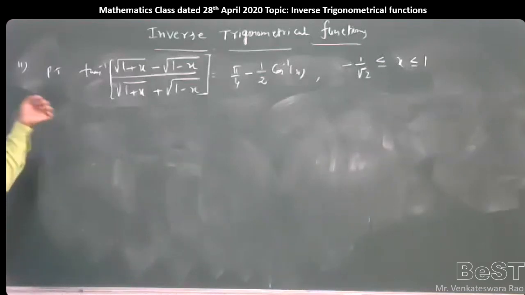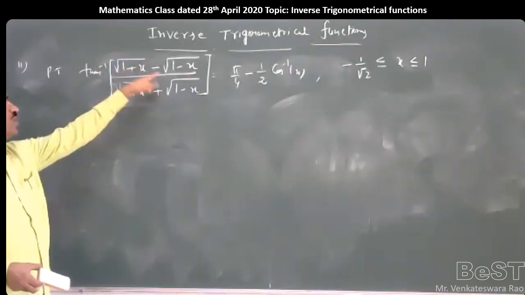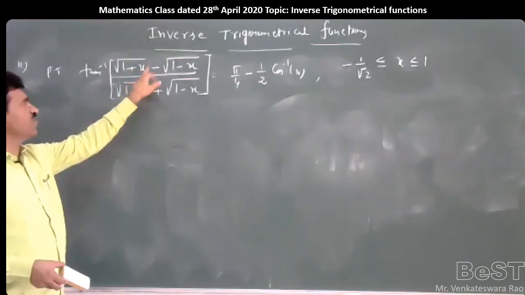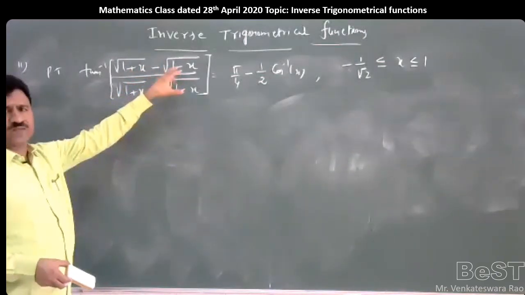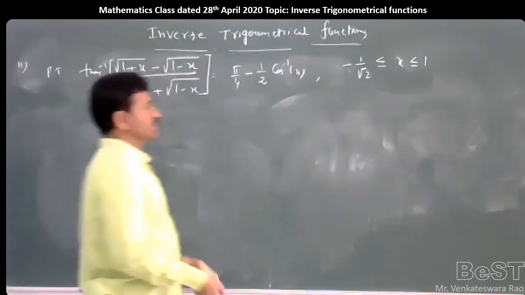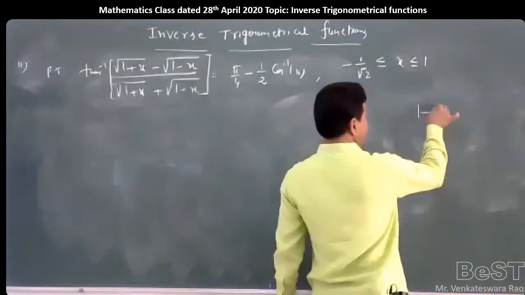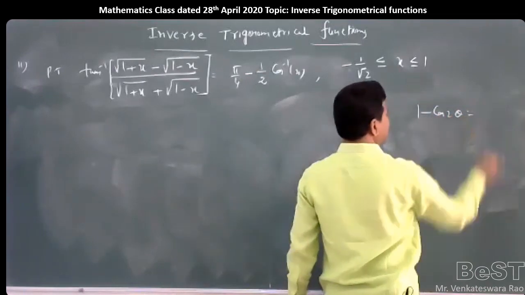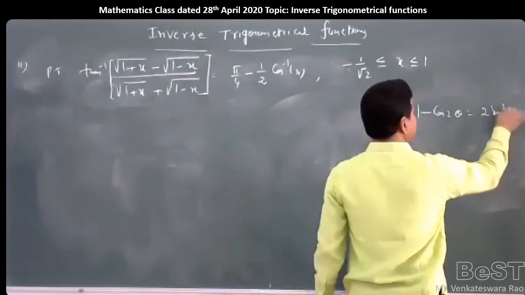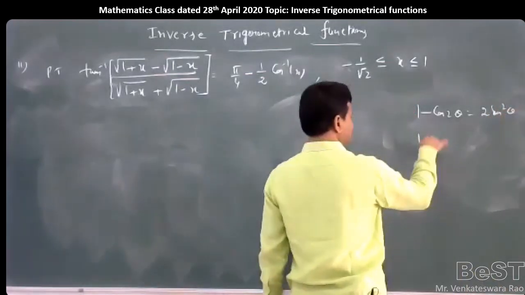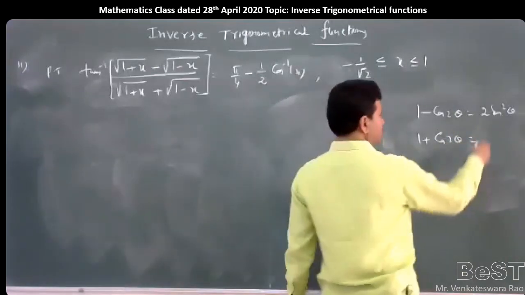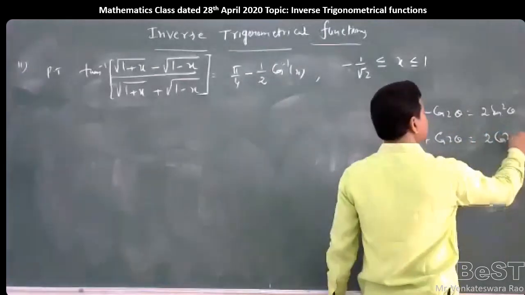See this one, square root of 1 plus x, square root of 1 minus x. So we have the 1 plus cos theta formula and the 1 minus cos theta formula. So take the LHS, put x equal to cos 2 theta. Note this formula: 1 minus cos 2 theta is 2 sin square theta, and 1 plus cos 2 theta is 2 cos square theta.